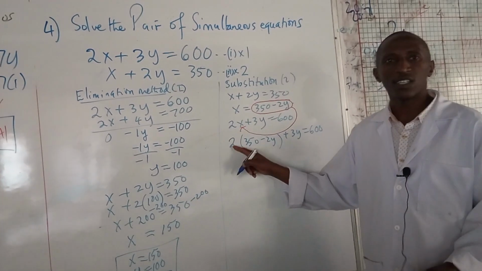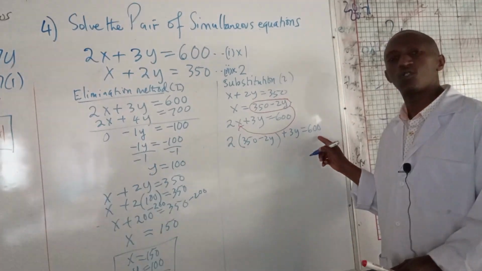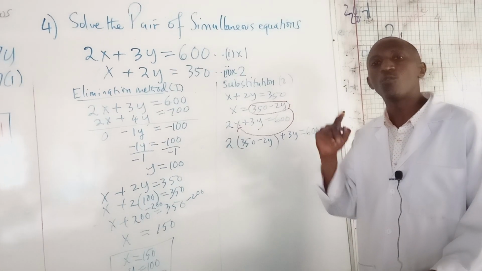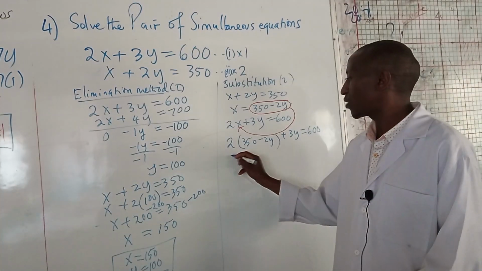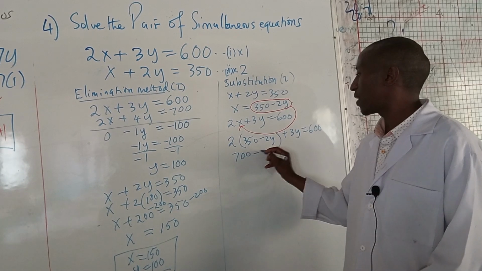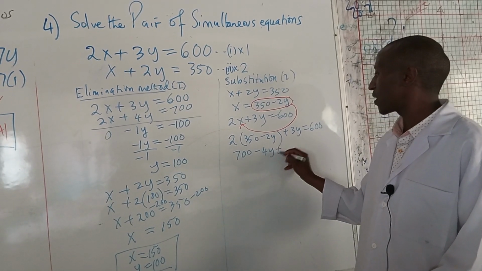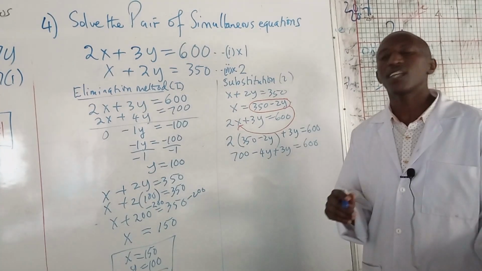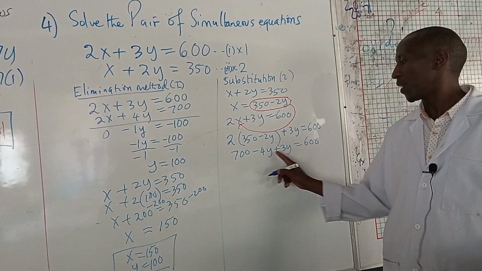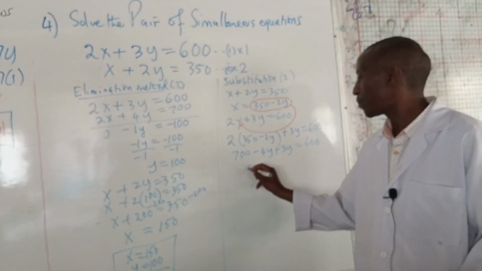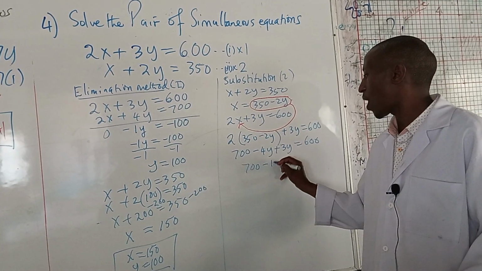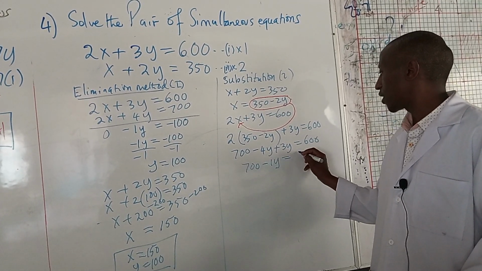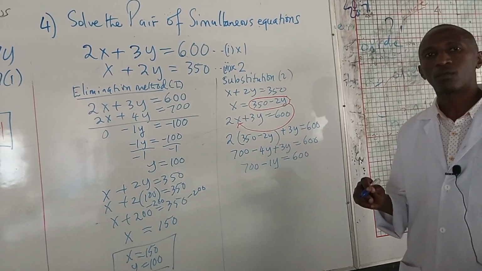Viewers, as you can see, we have the equation now with one unknown. So opening the brackets, we get 700 minus 4y plus 3y is equal to 600. Put the like terms together. Negative 4y add to 3y comes to be 700 minus 1y, which is equal to 600.